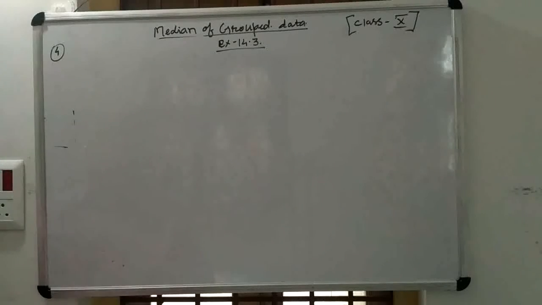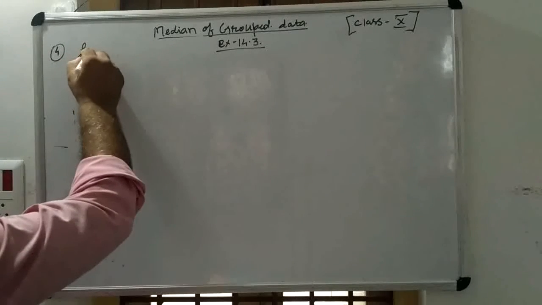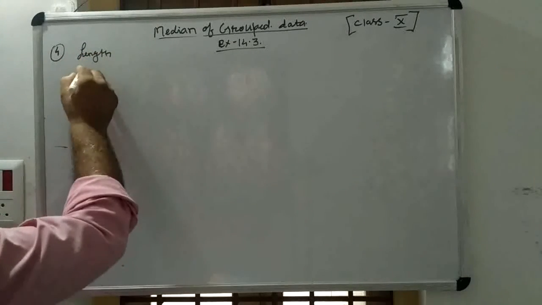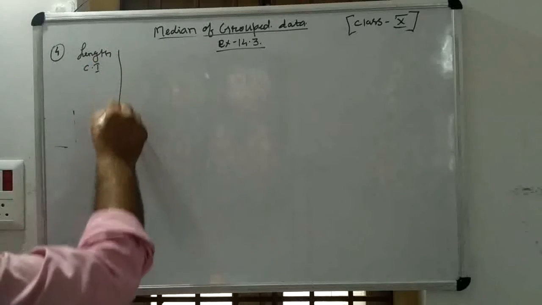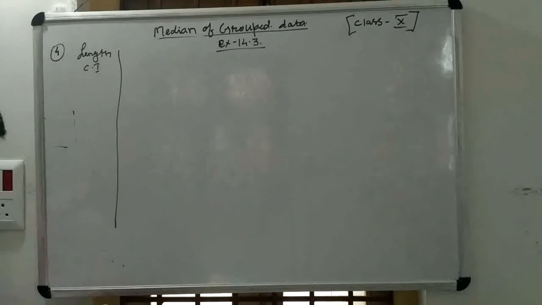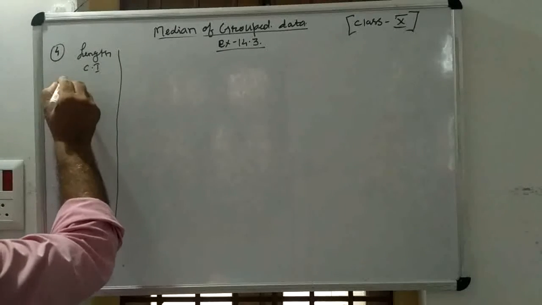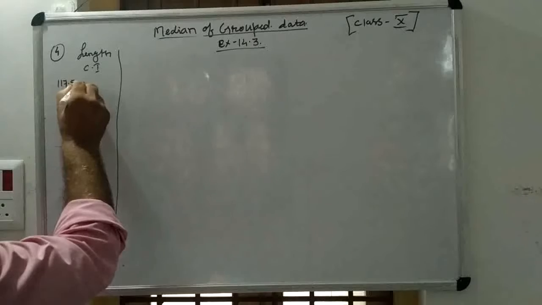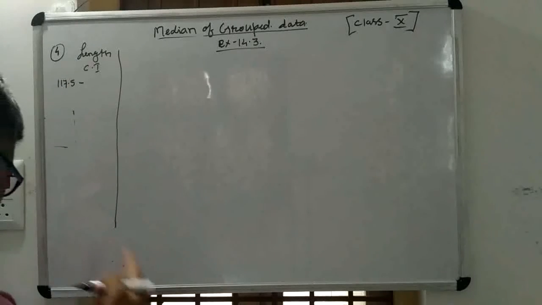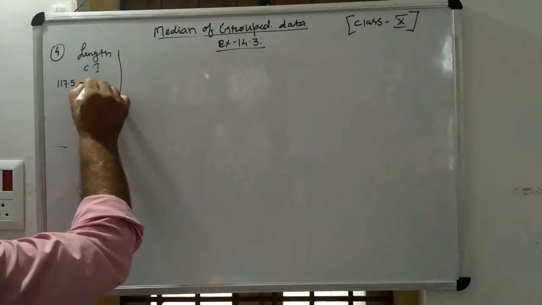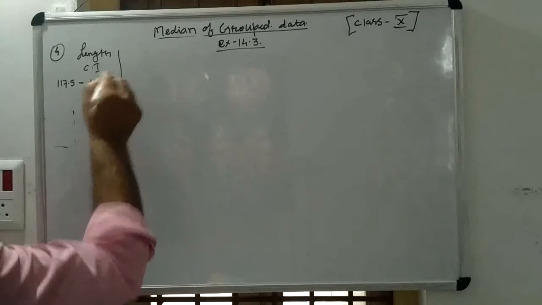In question number 4, the length of the leaf is given as class intervals. Subtracting 0.5 from the lower limit, 118 minus 0.5 will be 117.5, and adding 0.5 to the upper limit, it will be 126.5.